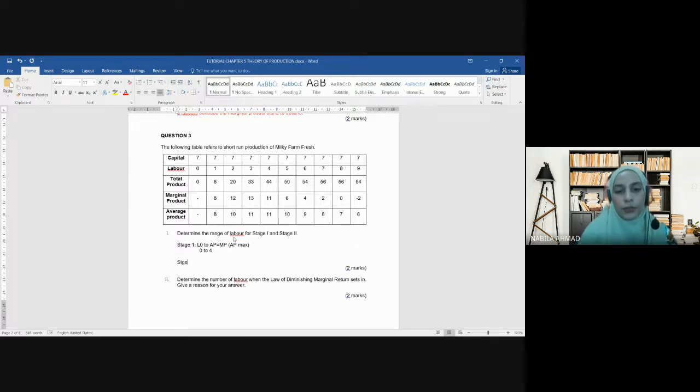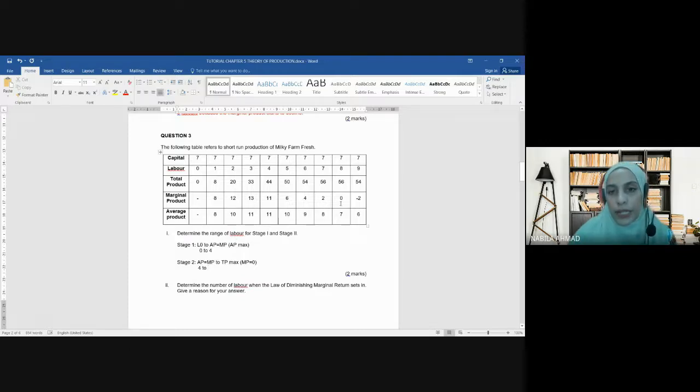Okay, stage number 2. So average product equals to marginal product sampai total product maximum ataupun marginal product equals to 0. Jadi kita kata for labor sehingga MP 0 kat sini. Dan stage yang ketiga kalau kita nak tambah, after total product maximum atau after MP equals to 0.